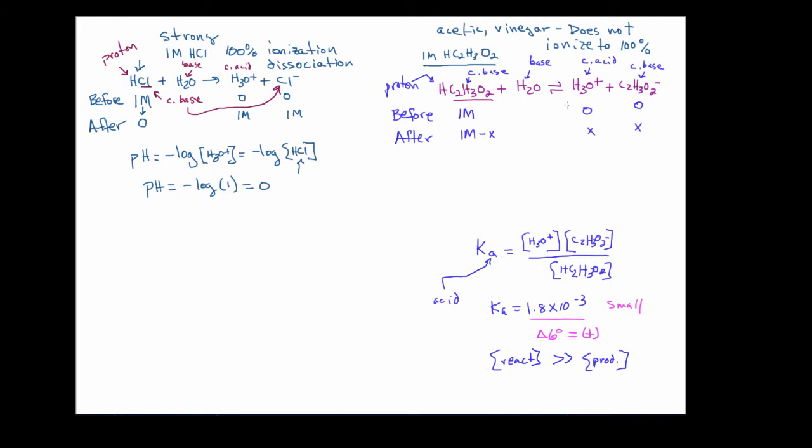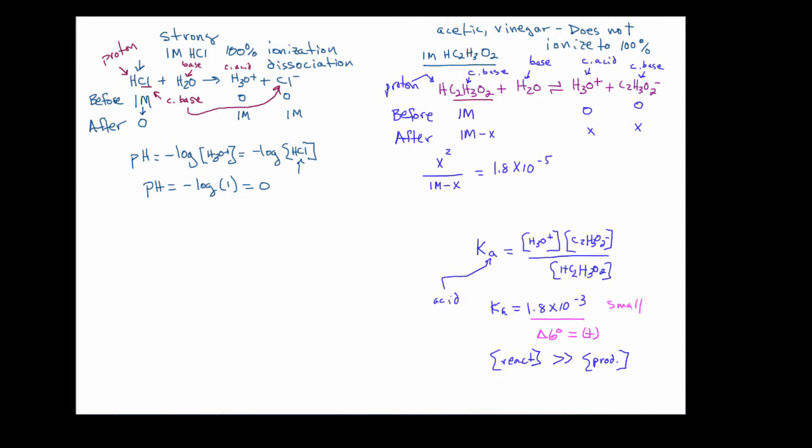In a lot of respects, setting up the equilibrium expressions for weak acids, and you'll see later the weak bases, is easier than a lot of the expressions that we're used to working with at this point, because the stoichiometry is usually more straightforward. You'll notice that in this reaction everything's 1-to-1. So now, setting up our expression, it's going to be x squared over 1 molar minus X is equal to 1.8 times 10 to the minus fifth.